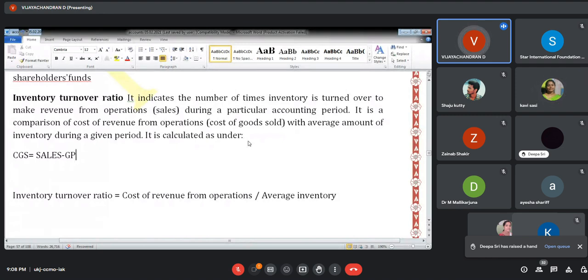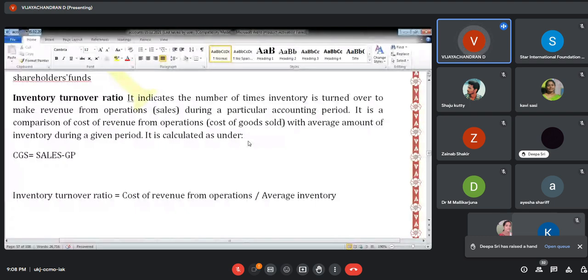Ma'am, these are all questions asked in your examination. Always we have to find the inventory turnover ratio based on the cost of goods sold only, not on the sales. The reason is inventory is always in the form of cost. Yesterday I told you, according to Accounting Standard 2. So you should not compare the inventory with the sales.